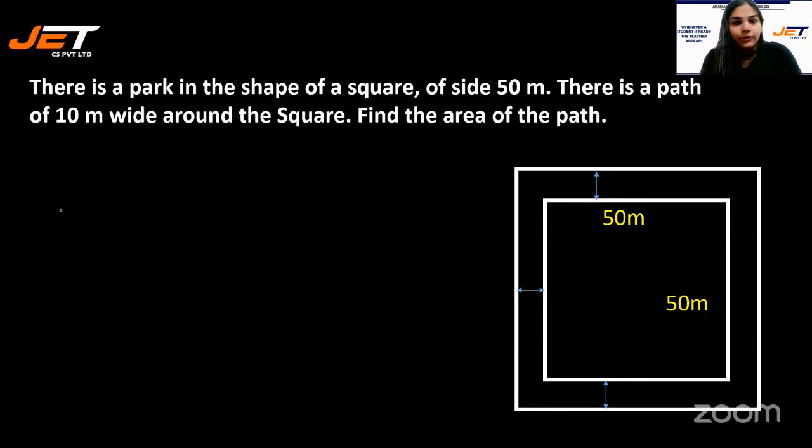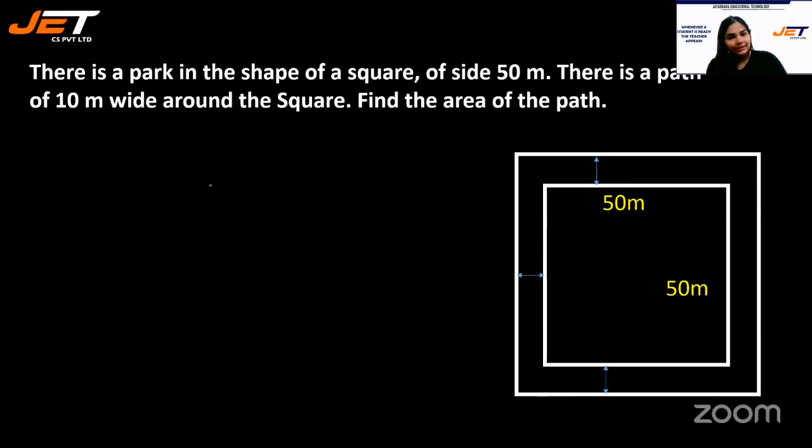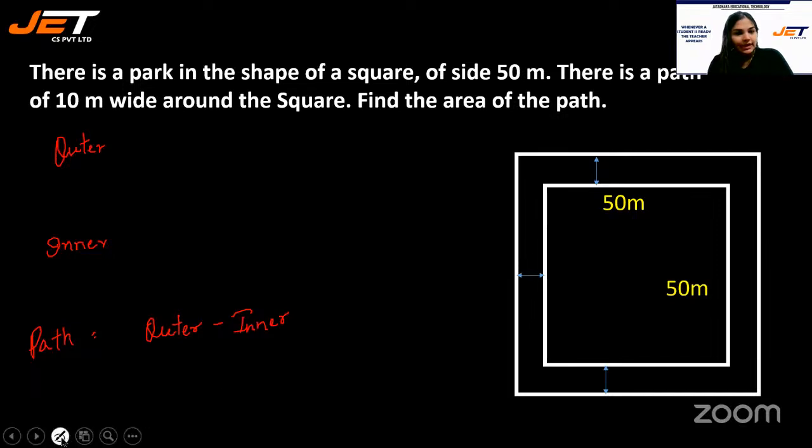Now moving on to how to calculate this. It's the area of the outer and then the inner. To find the path, we need to do outer minus the inner area. Let's see how we can do this.